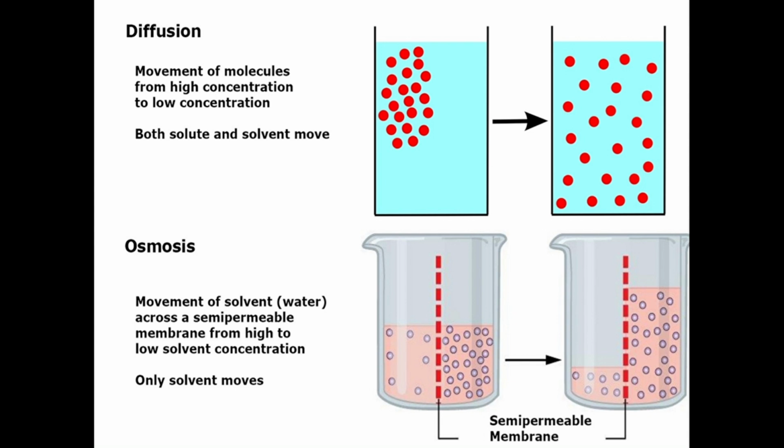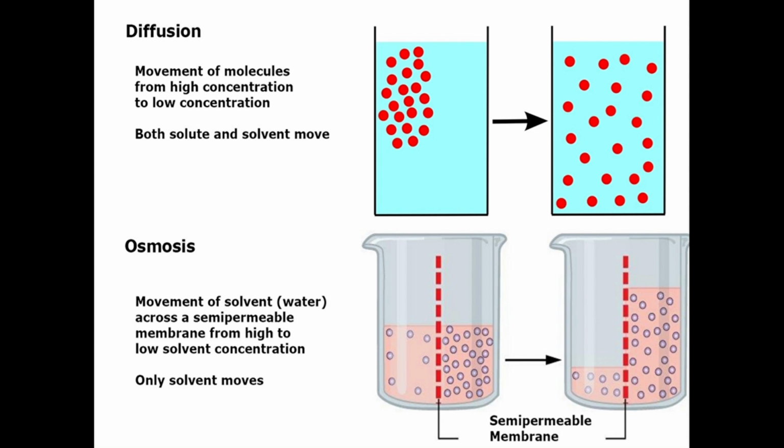And due to the selectively permeable membrane present in the plasma membrane, two processes take place in the cell, that is diffusion and osmosis.